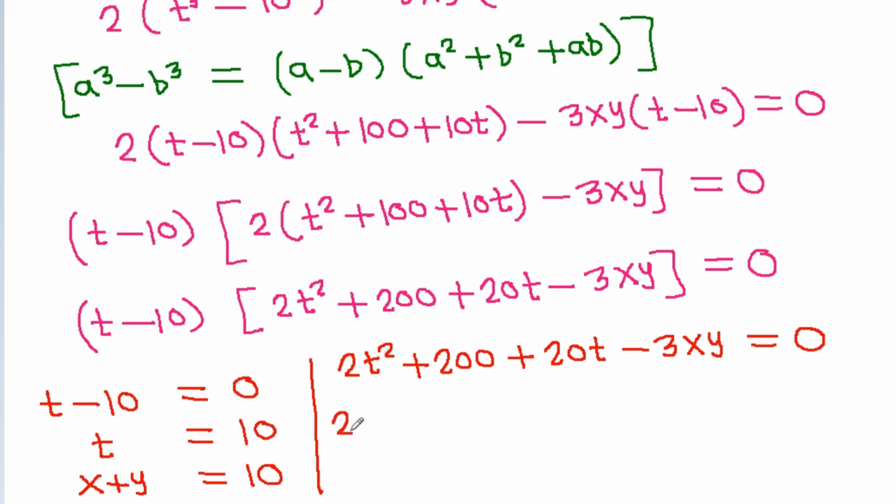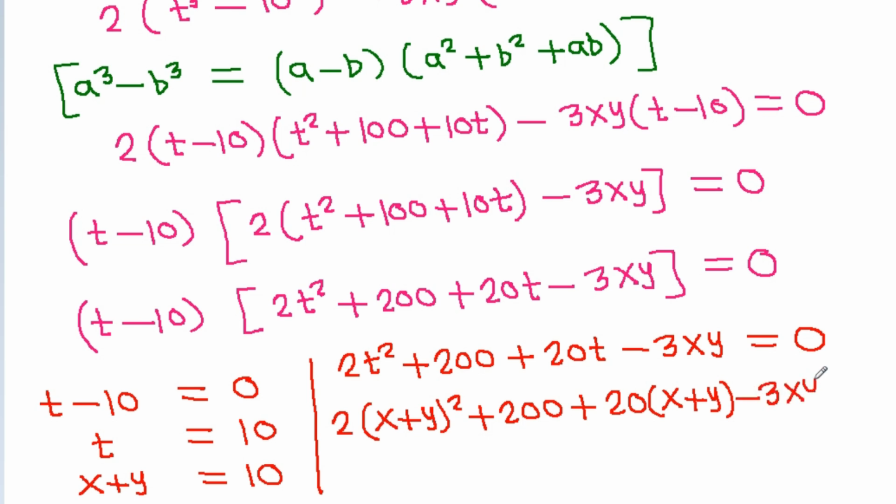And it is 2 times (x plus y) square plus 200 plus 20 times (x plus y) minus 3xy is equal to 0.